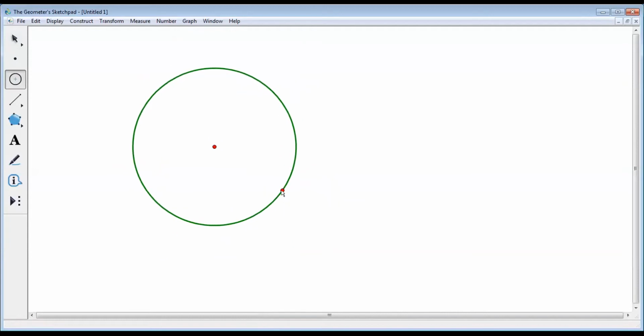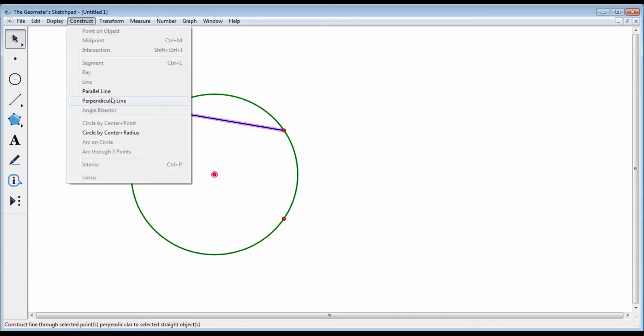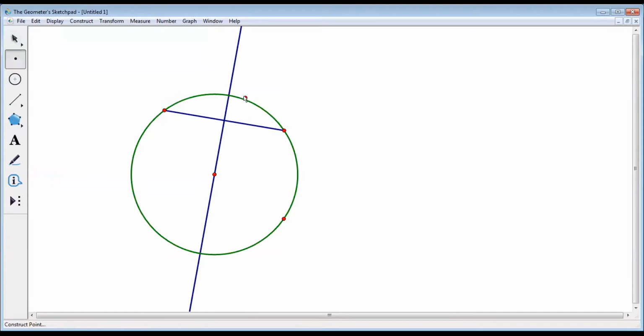So I got a circle. I'm going to draw a chord first. Click on my chord, click on the center of the circle, and construct a perpendicular. So from there to there. If I hide this, there is my diameter.